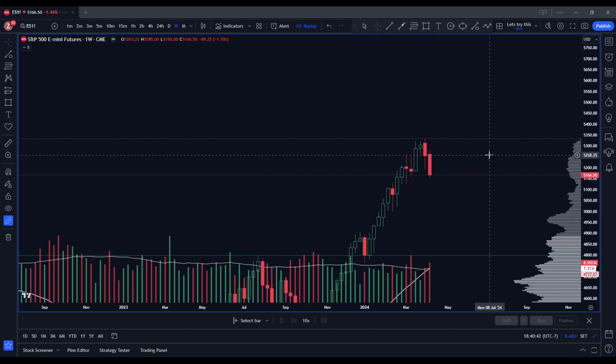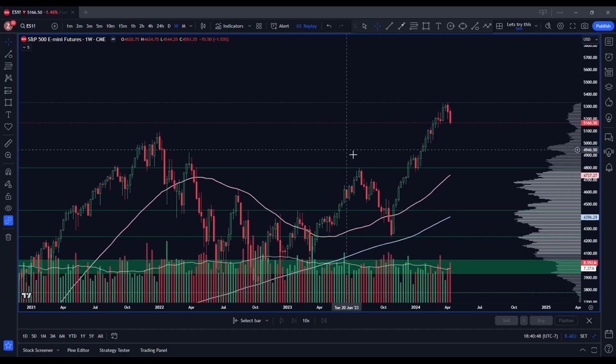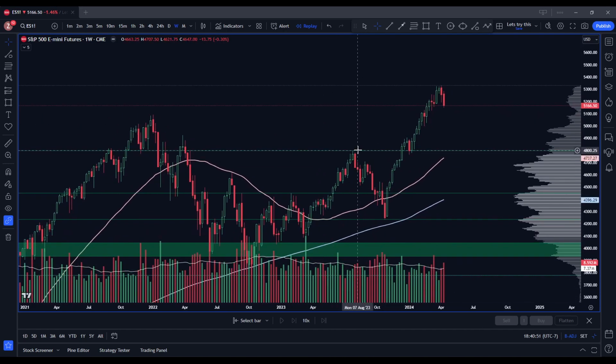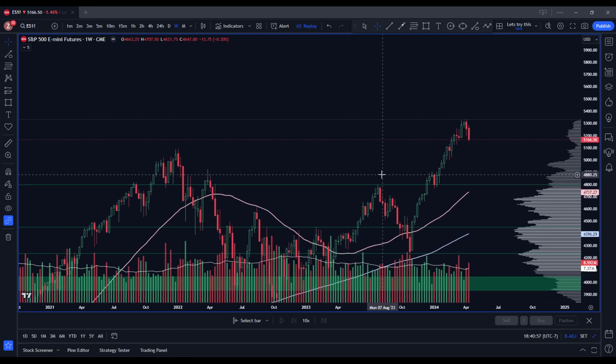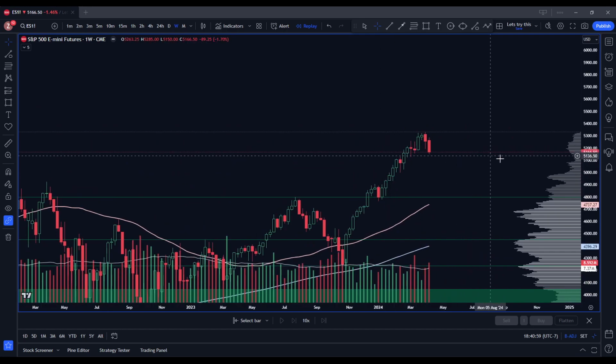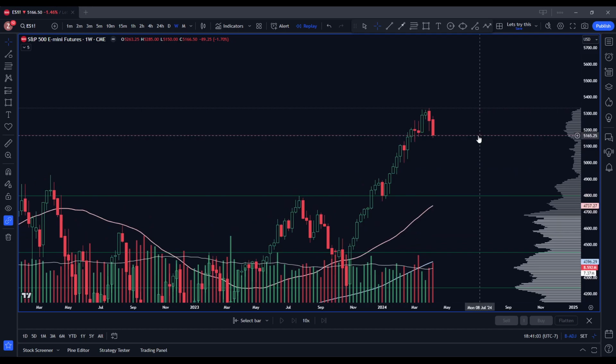And when we're plotting these levels, one thing you have to keep in mind is, yeah, we could start plotting support and resistance all the way back here, places in the past. But you don't want to waste your time. You want to be very efficient with your time, correct? Because of that, if you think about it, the worst case scenario is we have 100-point swings on a day-to-day basis.